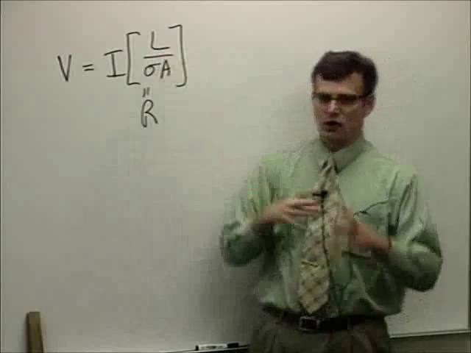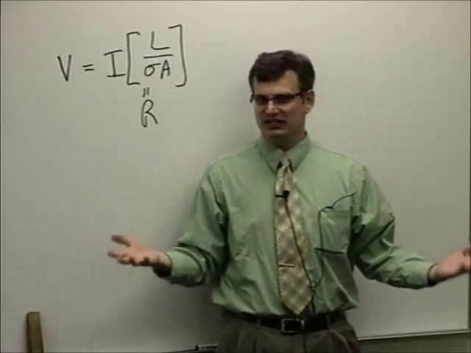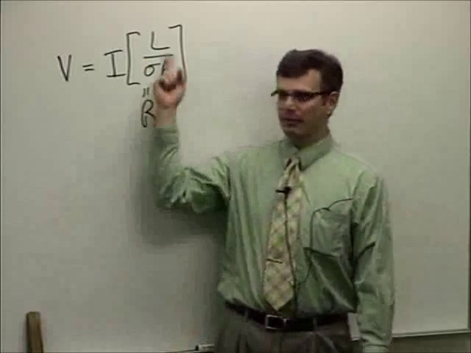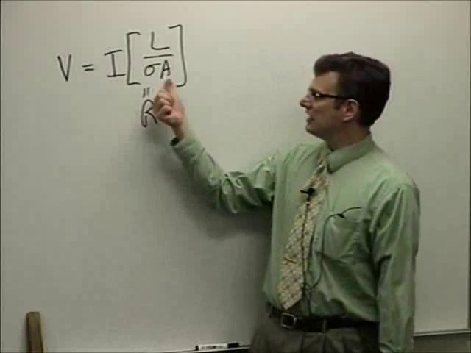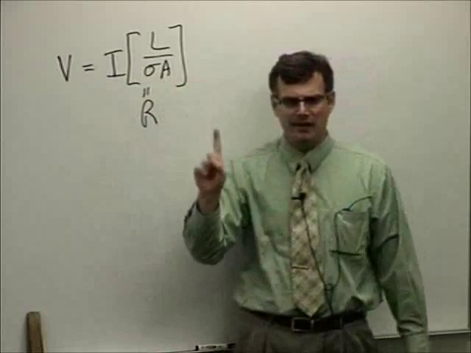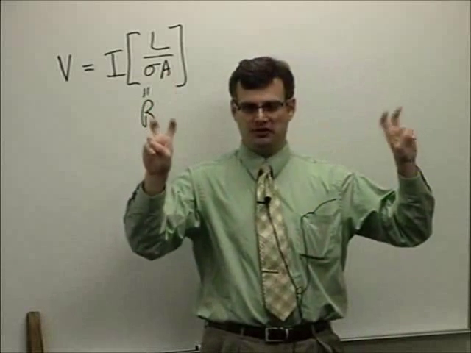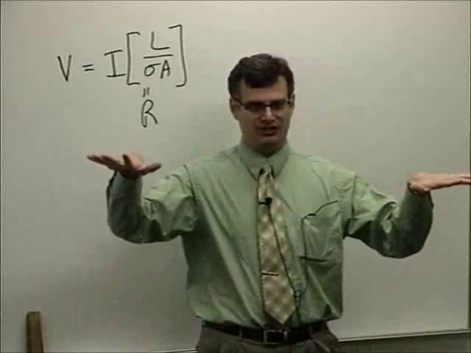If I have longer to travel, of course I'm going to have more resistance as I send that current across a channel. Double the distance, double the resistance. That makes sense. And the cross-sectional area is there, but it's in the denominator. That makes sense too, right? I can carry more water, so to speak, if I have a bigger cross-sectional area. The total resistance will go down.